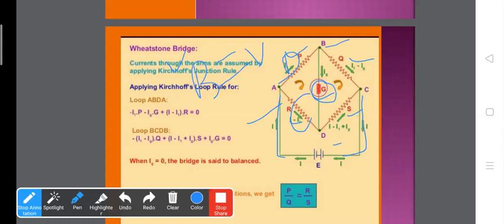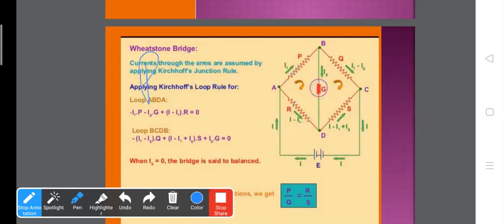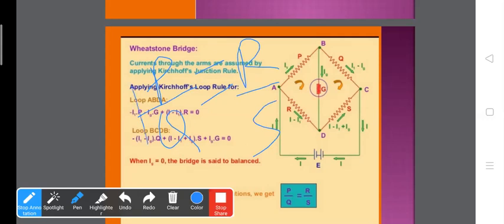For the balanced condition, the relation we can write is P upon Q equal to R upon S. I think this is clear to you. So this is also called the condition of balanced Wheatstone bridge. P upon Q equal to R upon S, right?